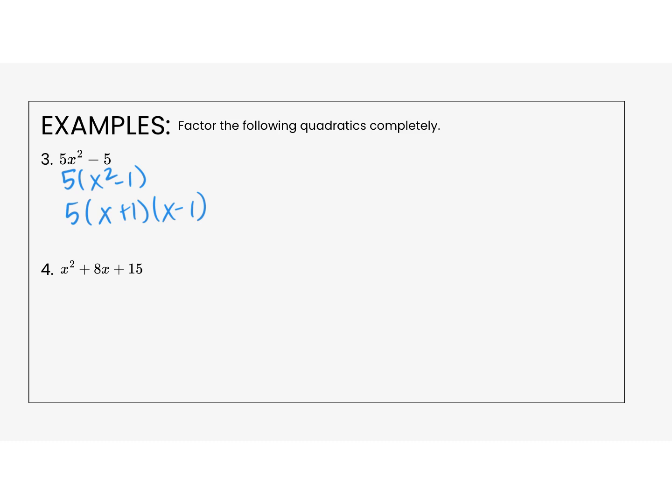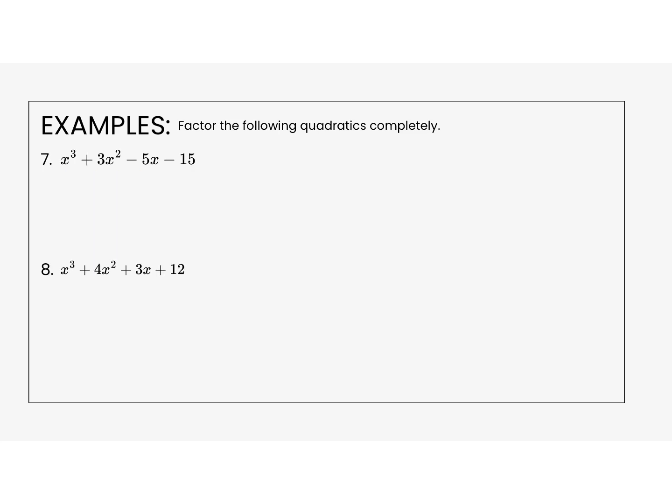So we're looking for two numbers that multiply to the third term and add to the middle term. So for 15, I would have 1 and 15 or 3 and 5. Well, 3 and 5 can certainly add to 8, so I think that's going to be our key there. So it's just going to be x plus 3, x plus 5.